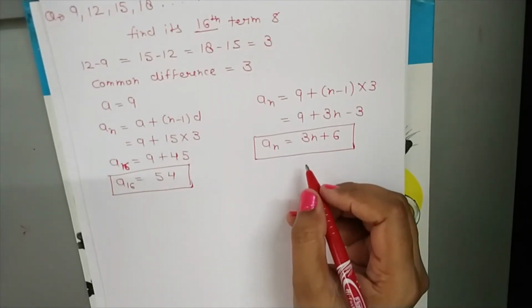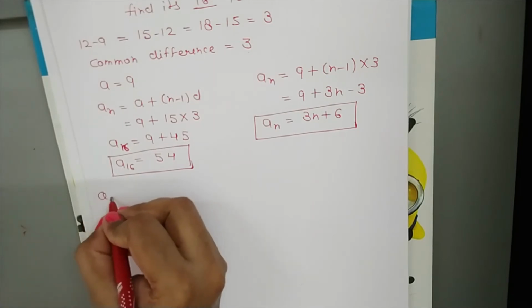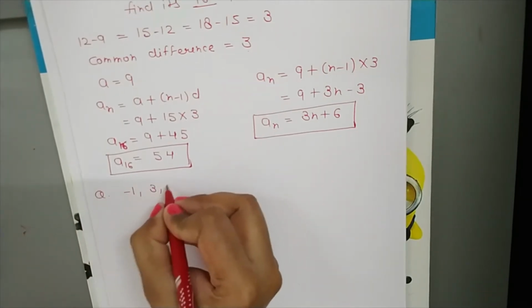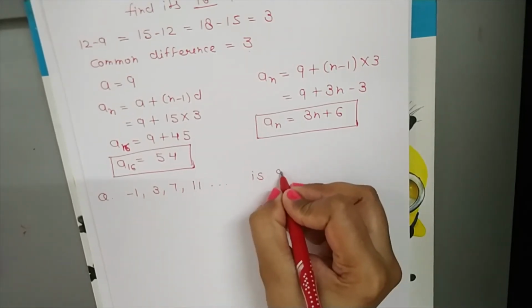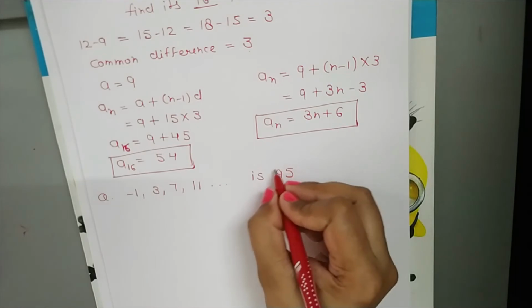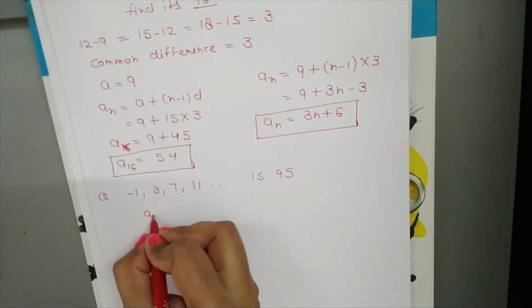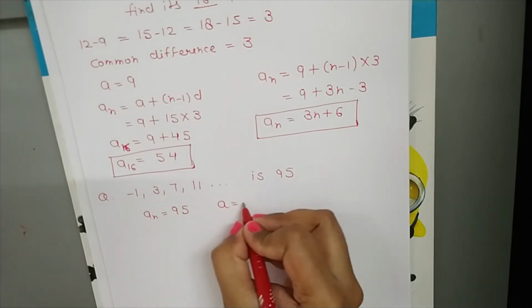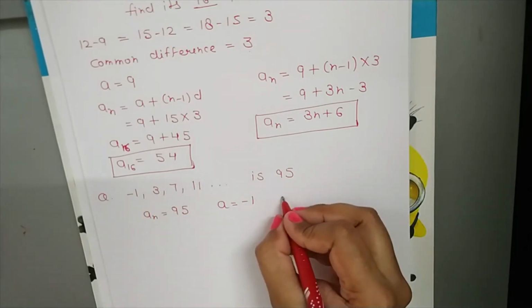Move on to the next question. Which term of the sequence -1, 3, 7, 11 is 95? It means the value of an is given: an is 95, a is -1, and the common difference is 4.